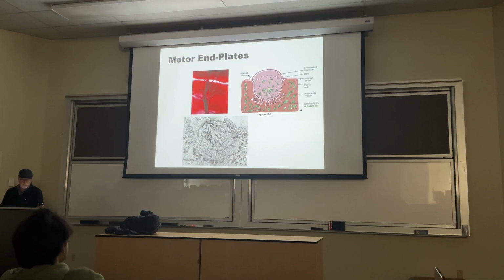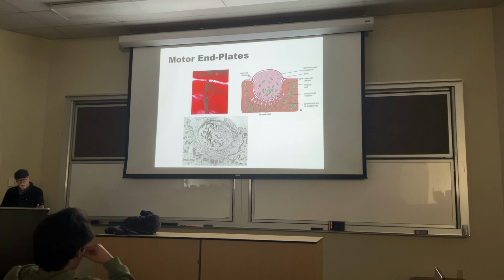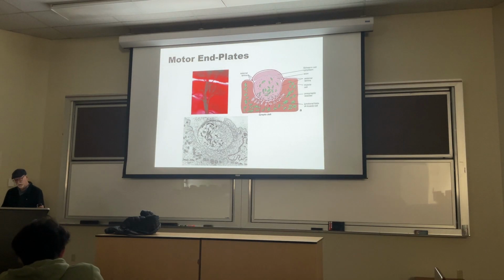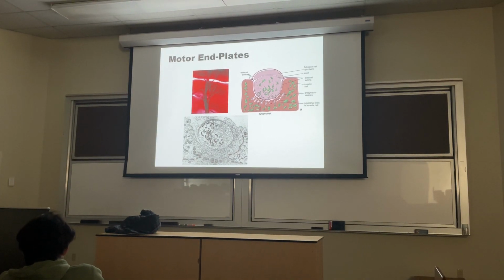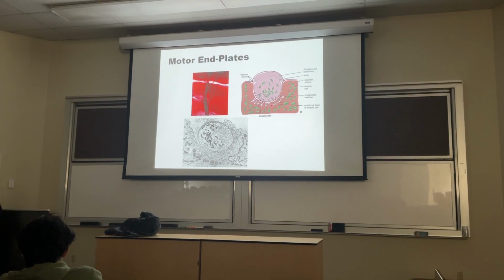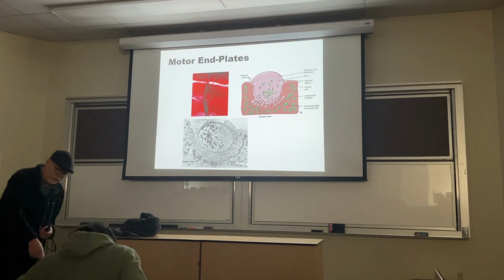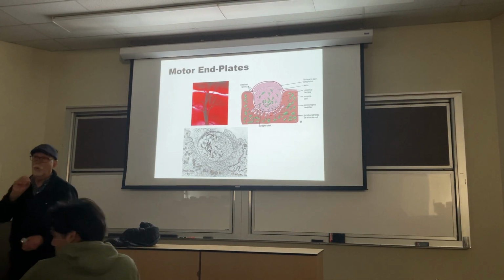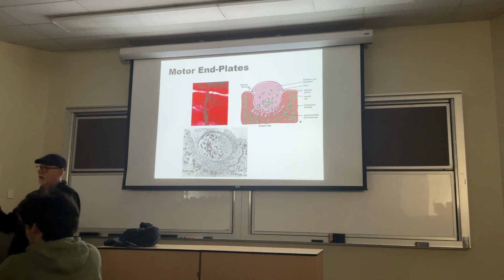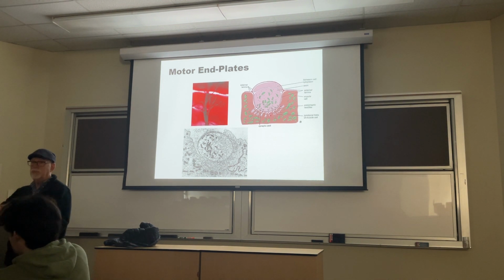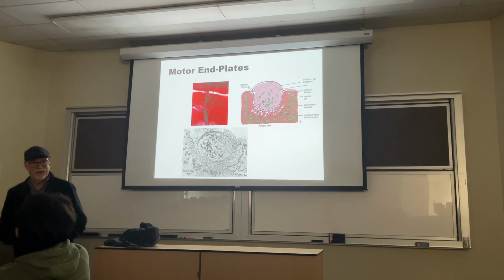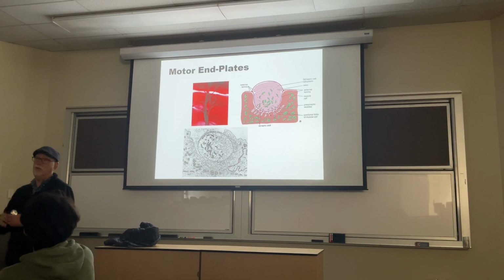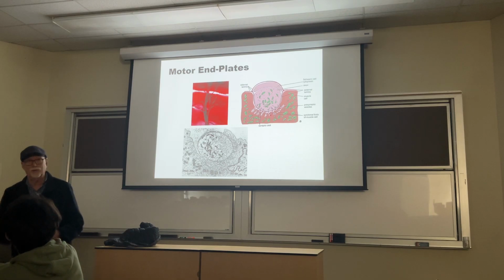This is your motor end plate with your motor neuron going down to the skeletal muscle and releasing acetylcholine. You may remember from Systems Phys, and you may well not, that when you have a motor neuron going down to the skeletal muscle, it always releases acetylcholine, and it always binds to a nicotinic cholinergic receptor, and it's always excitatory.